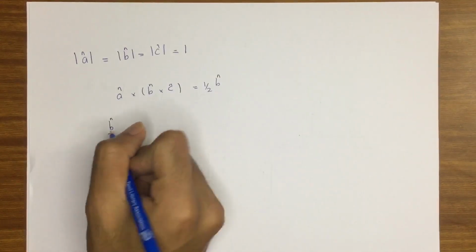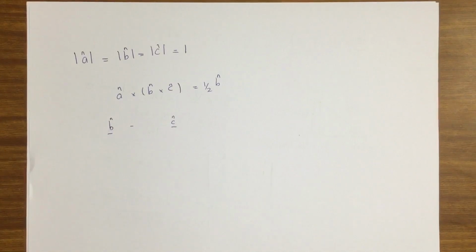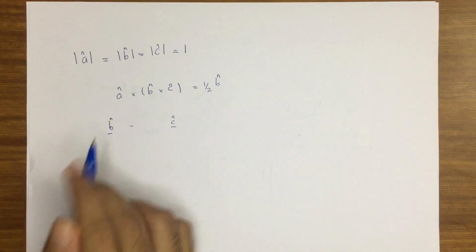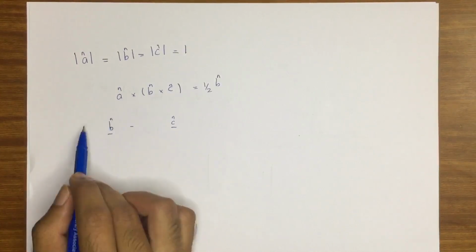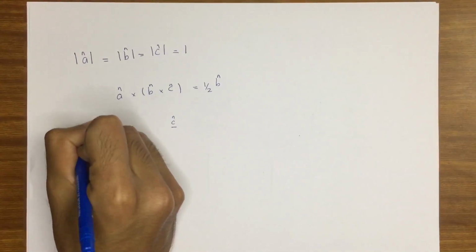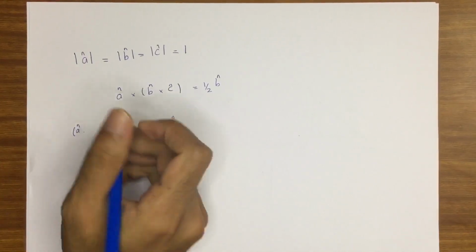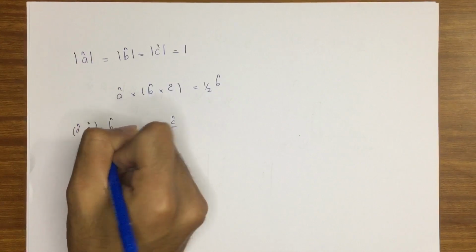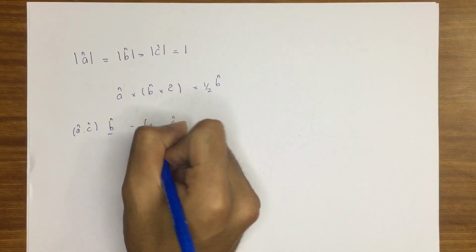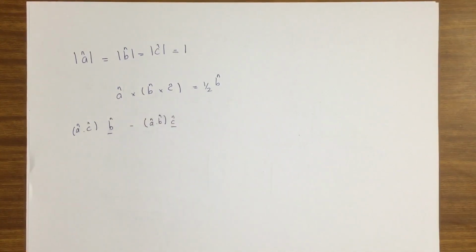So we are going to write b vector minus c vector. After that, you need to write the other two vectors in front of this. It's going to be a vector, so I don't need to write this one, it's okay: a dot c, and it's going to be a dot b.